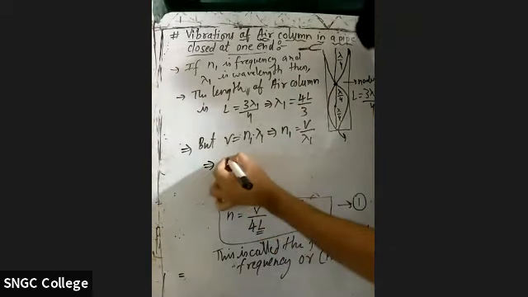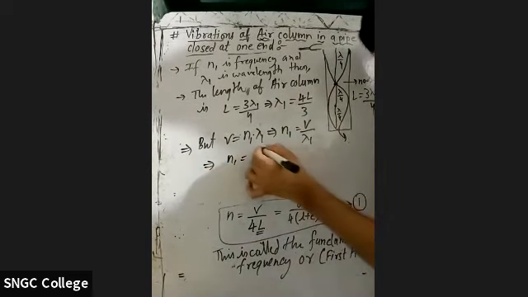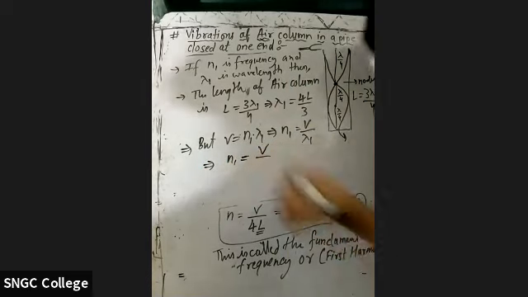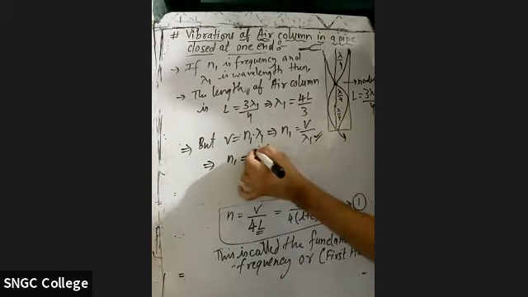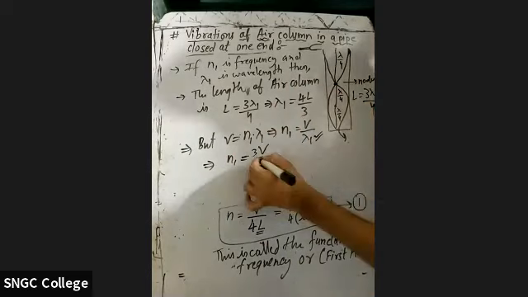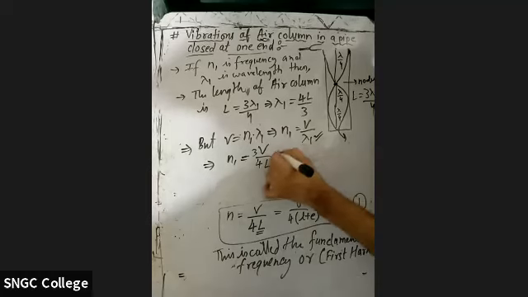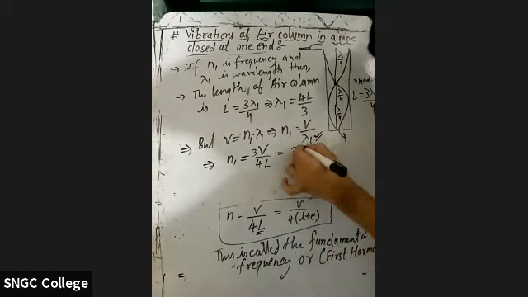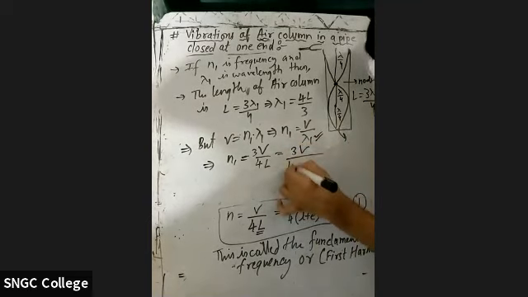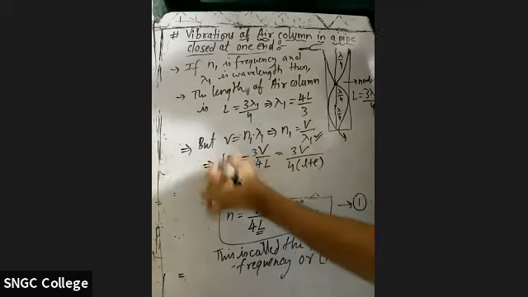So you will get n1 equal to V divided by 4L upon 3, then this 3 comes on the upper side and this 4L will be in the downward. Now if you substitute the value of L as l plus e, you will find 3V divided by 4(l plus e). This is equation number 2.